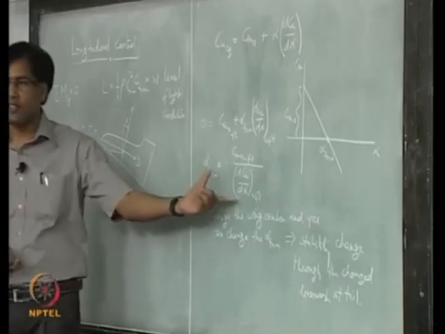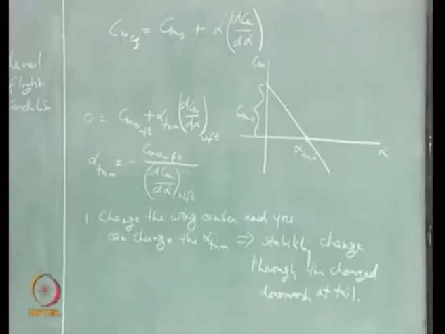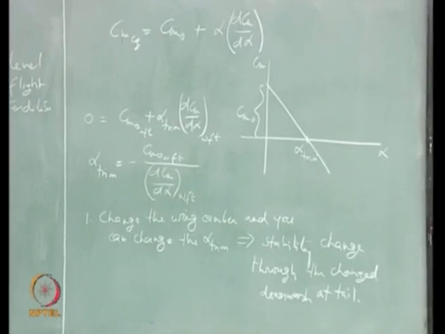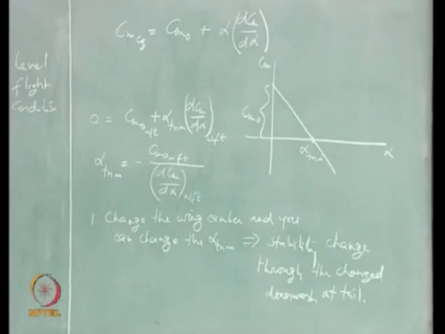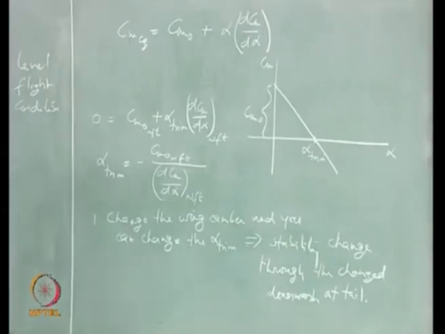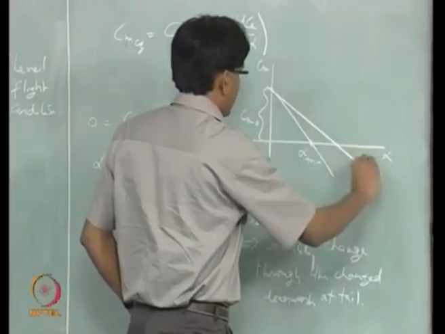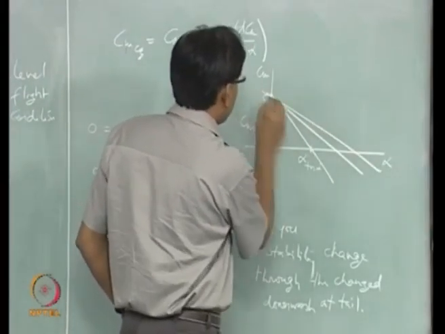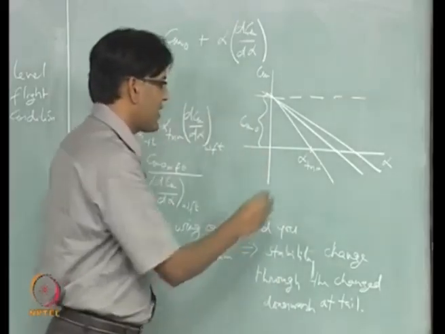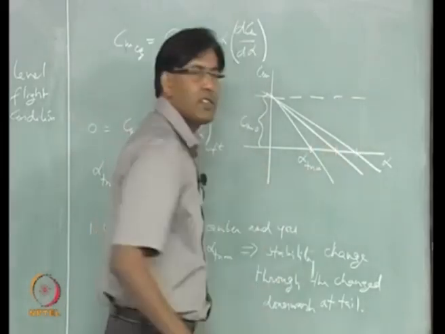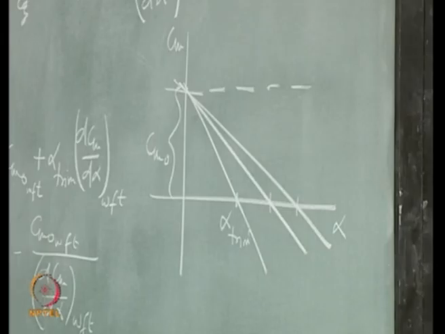Look at this equation. What else can you change? How do you change the slope? So, I can change the slope, right, and get different trims, right, different trim conditions.